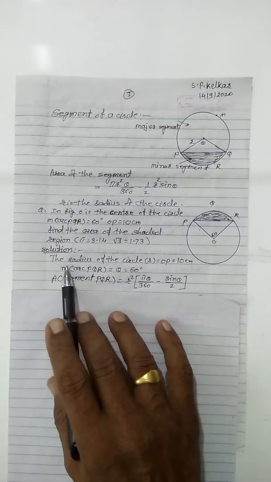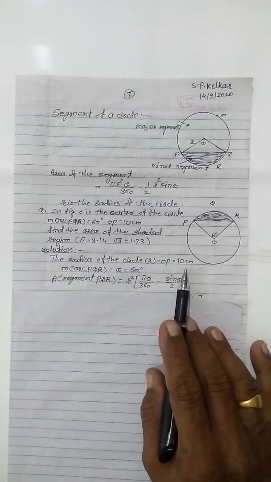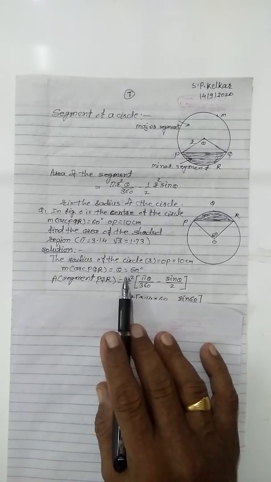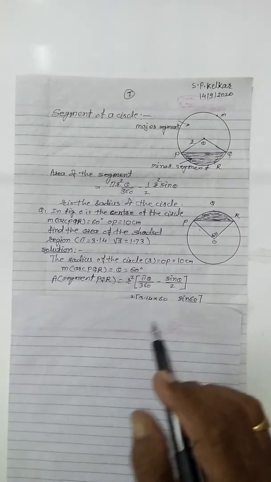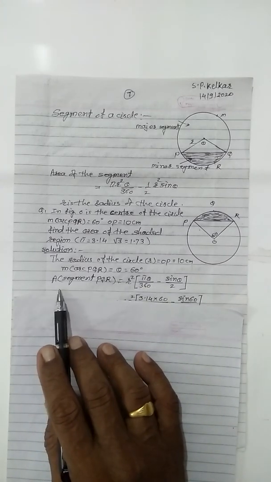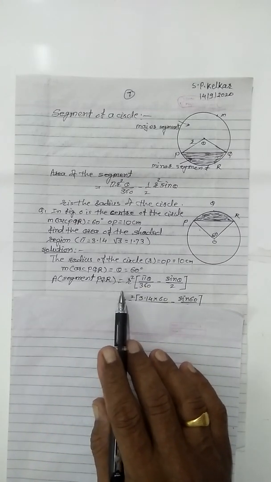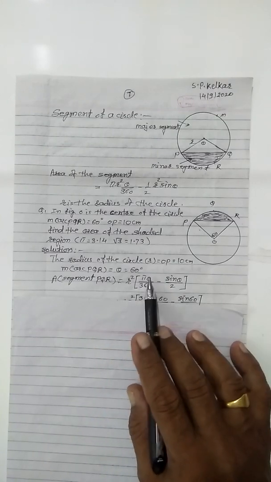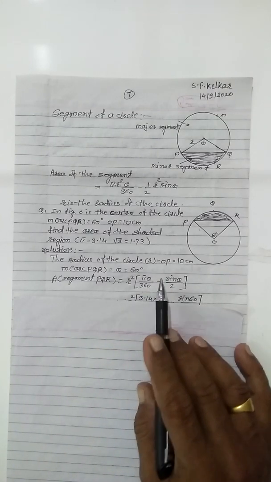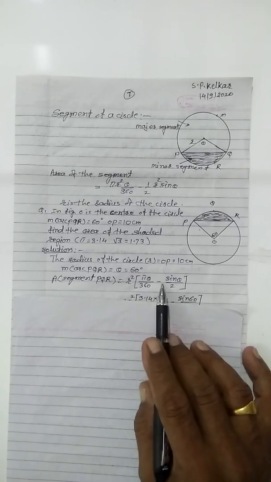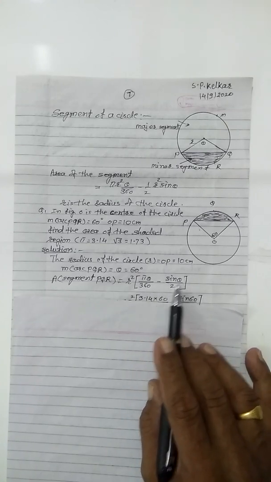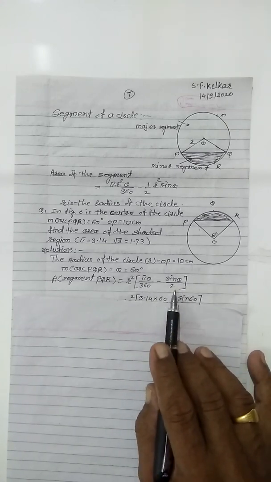See the radius, write down the given radius 10 centimeter, measure of arc or theta equal to 60 degree. Then write down the formula, area of segment PQR equal to r square in square bracket pi theta divided by 360 minus sine theta divided by 2, square bracket complete.